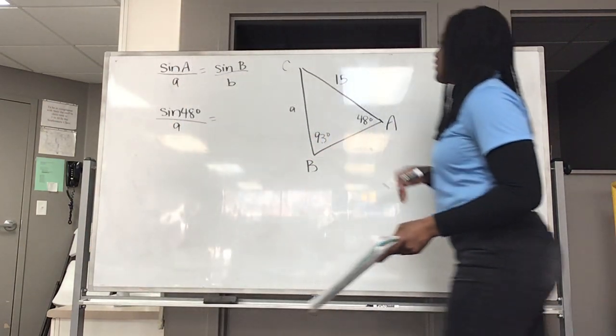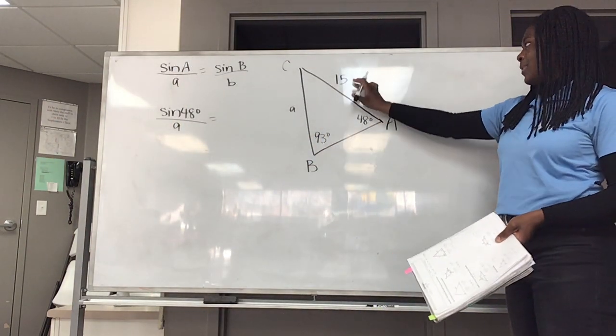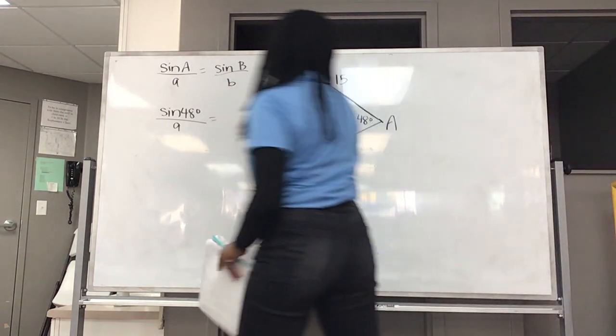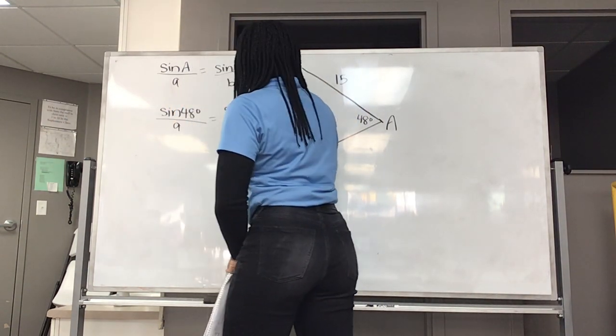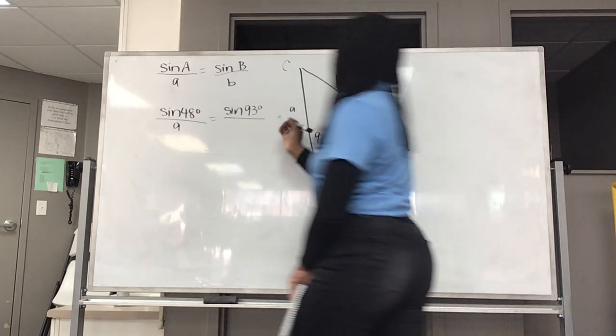And then we need another angle side pair, which we have with angle B and side B. So sine of 93 degrees over 15.